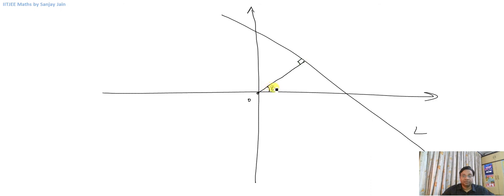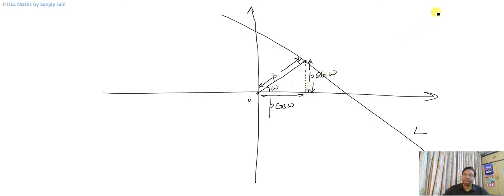This is omega, and this length here is P. Okay, if I drop a perpendicular from this point here like this, and if I ask you what will be this length here, you will say P cos omega, right? This is what we know. Or you can find cos omega and see this line will be P cos omega. And what will be this length? This will be P sin omega.